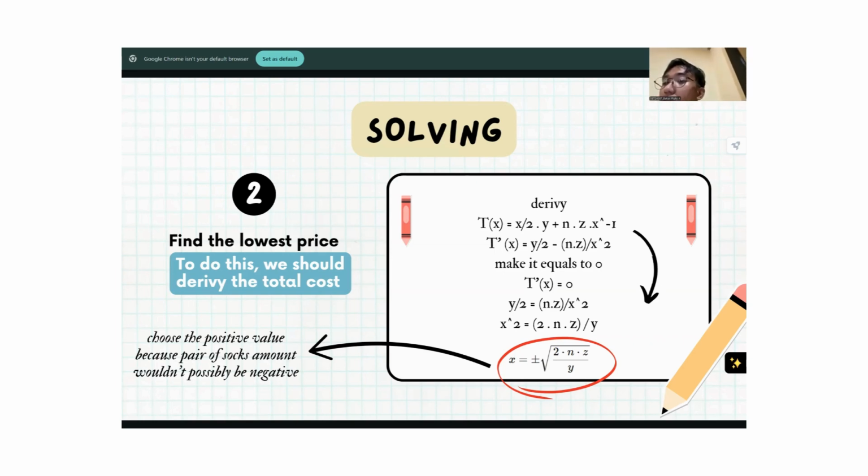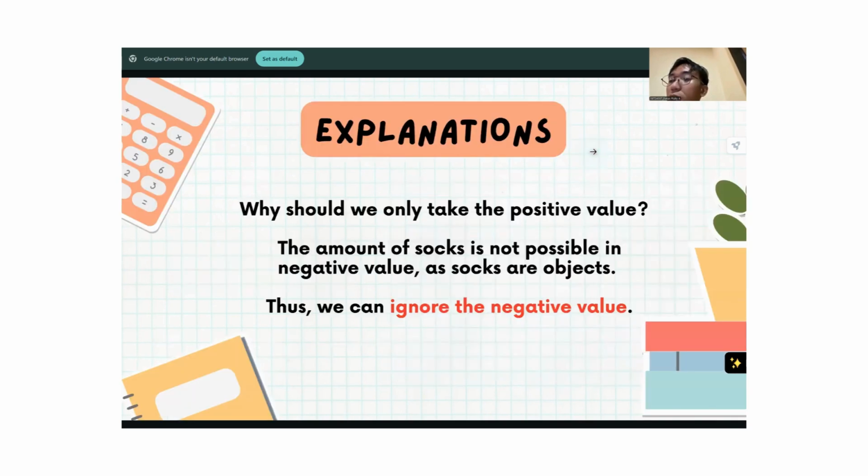So Y divided by 2 equals N times Z per X squared. X squared will be equal to 2 times N times Z per Y. So X will be plus or minus the root of 2 times N times Z divided by Y. As we see, there are two answers, positive and negative. But because the amount of stock cannot be negative, we will choose the positive one.